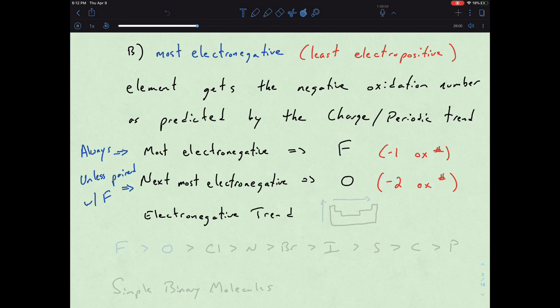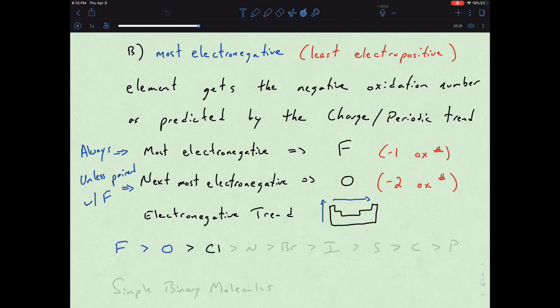for our periodic table, that trend is up and to the right. But we can be a little bit more specific here with fluorine, oxygen being really on that most electronegative side of things.